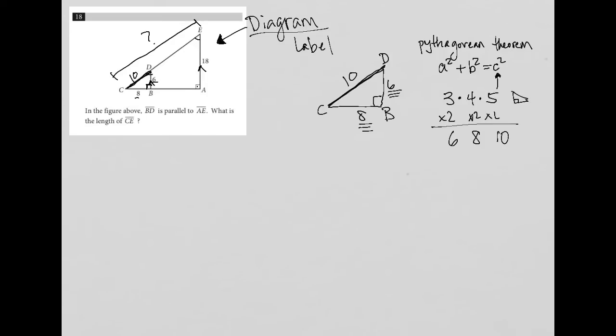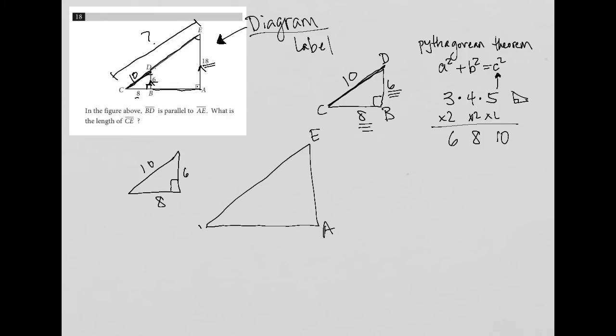So I've labeled this. I don't know how to figure out what DE is. I don't know how to figure out what AB or BA is. I know that AE is 18. So there's a little trick that I've learned: on this test, typically if I see a shape on top of another shape, so for instance, I have triangle DCB with its 10 and 8 and 6, but I also have the larger triangle EAC with this right angle, and it's 18.